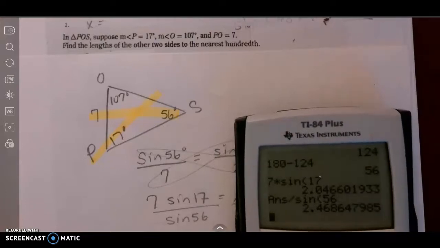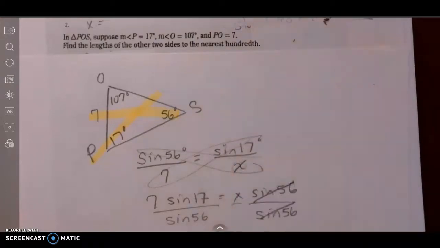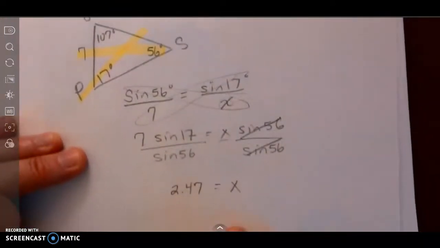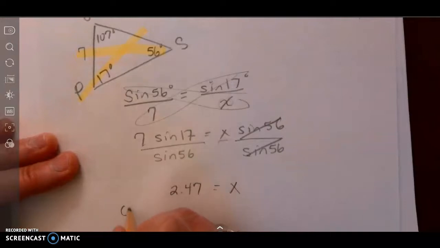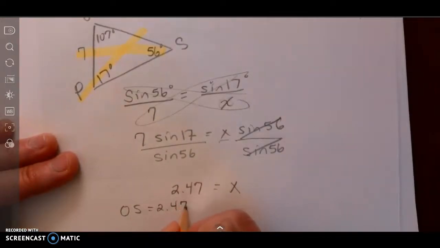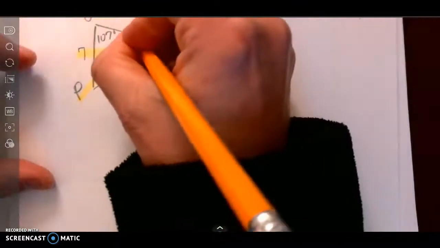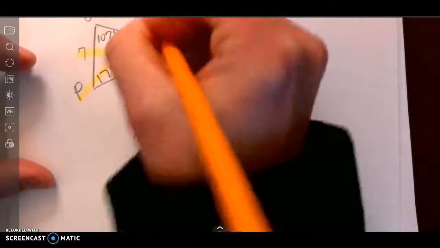And I get 2.47. I'm going to round to the nearest hundredths place. So I can say that the distance from O to S is 2.47.